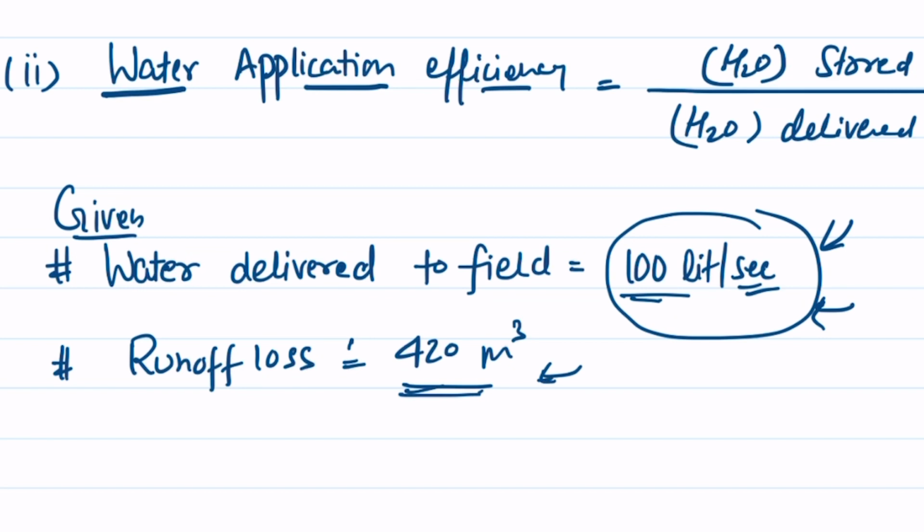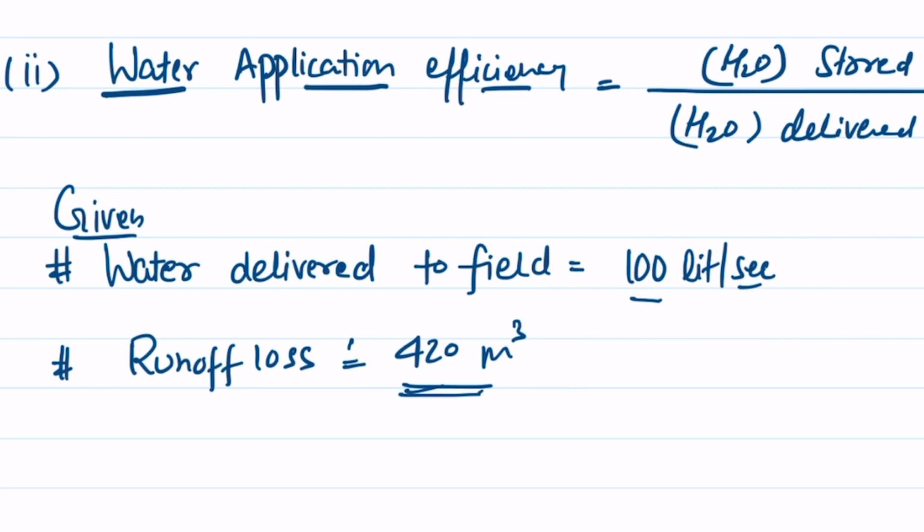You can try it by yourself and see the number of steps, or how much time it will take to convert this meter cube into liters per second. All right. So one thing is clear: since the unit is 100 liters per second and here the unit is meter cube, we need to have a homogeneous unit. We are looking into converting this liter per second into meter cube.